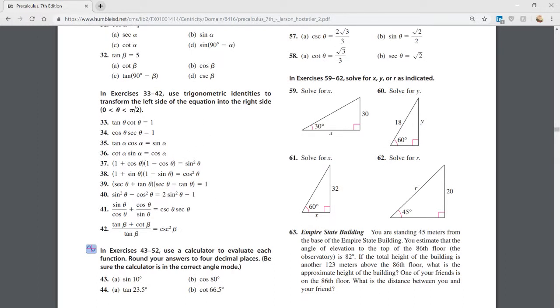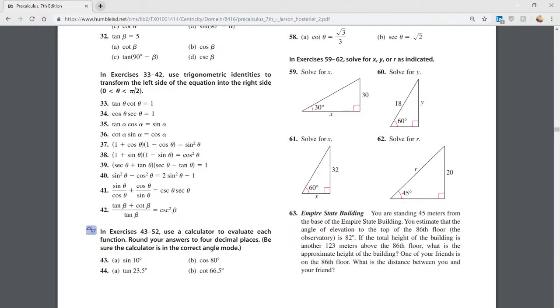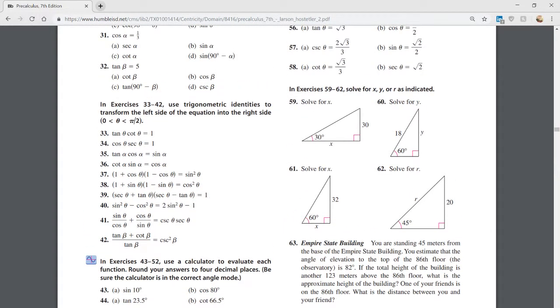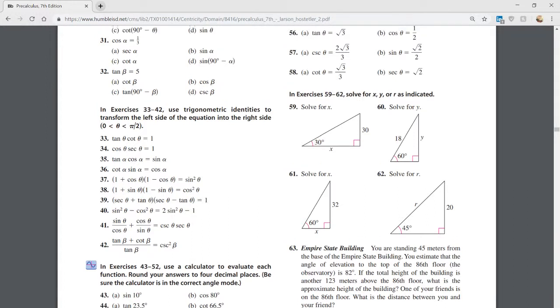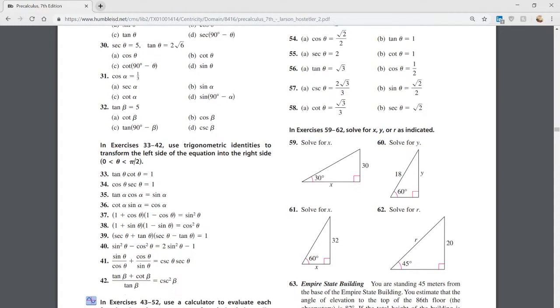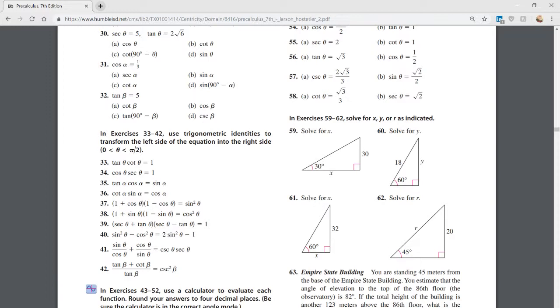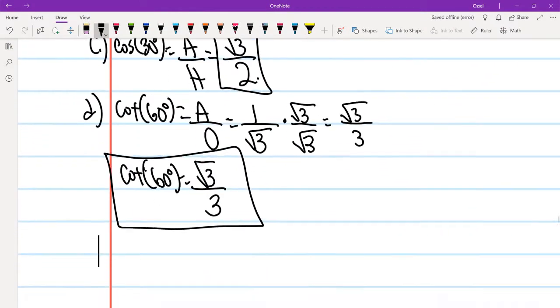So I'm going to do a few of them just so that you can understand how it goes. But yeah, let's get started. So the first one is saying tangent of theta times cotangent of theta equals 1.